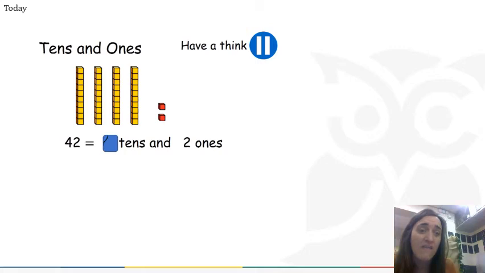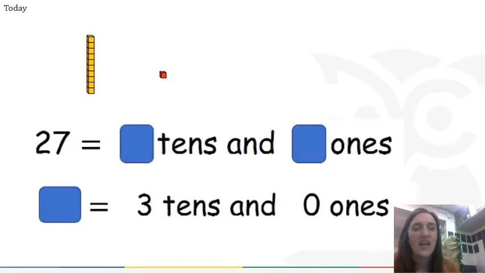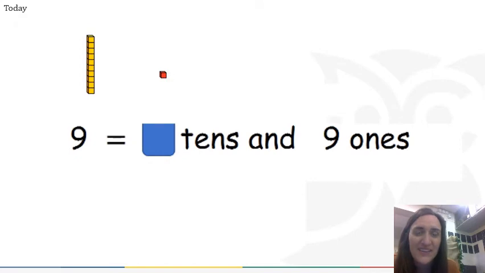There are 4 tens in 42. 10, 20, 30, 40. And the ones are there as well. 41, 42 and 2 ones. Can you have a go at using your objects to work out the answer to these questions? What about this question? You can do it.